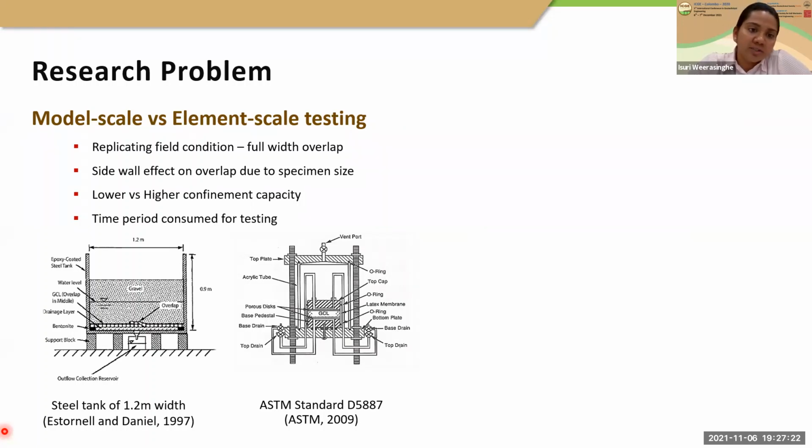However, due to the low confinement capacity and the time period consumed, it was not identified as feasible. So researchers moved on to using the permeameter cell test apparatus, where the specimen size was only a 100 millimeter diameter circular sample, where you could not actually replicate a full-length GCL overlap. So it wasn't identified as feasible either.